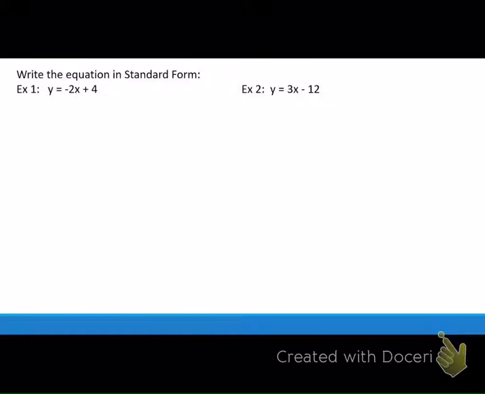So, standard form means that your x's and y's are on the same side. Remember, standard form is ax plus by equals c, and we have some rules we have to follow too. So, x and y are on the same side. That's our goal.